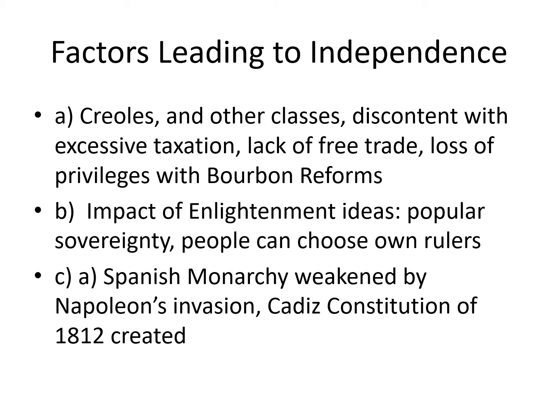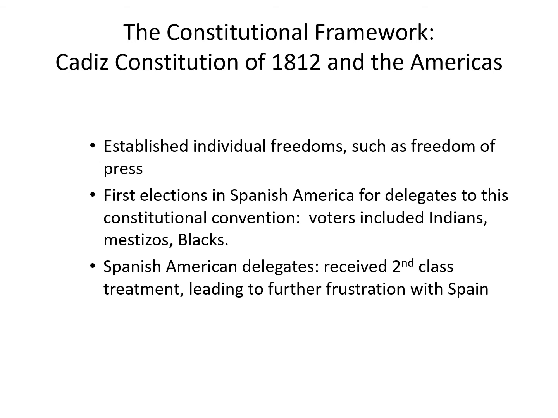Finally, we saw that the Spanish monarchy had been weakened by Napoleon's invasion of Spain and Portugal, and that in the case of Spain, the Spanish people wrote a constitution in the year 1812. This constitution created a new constitutional framework in Spanish America.